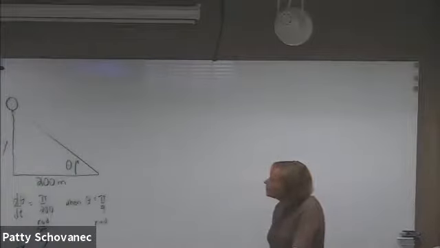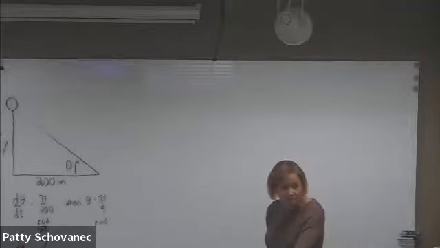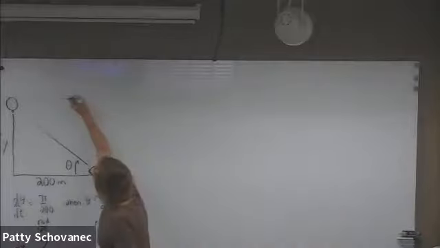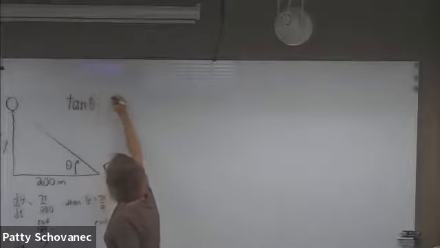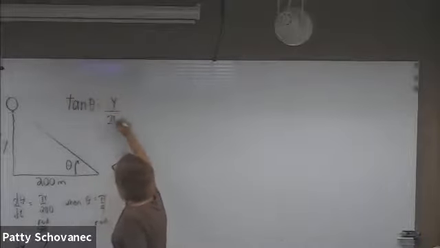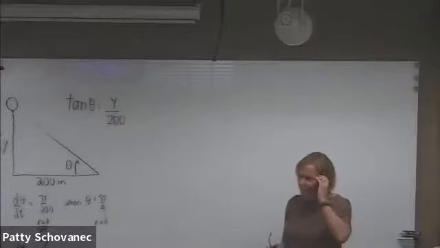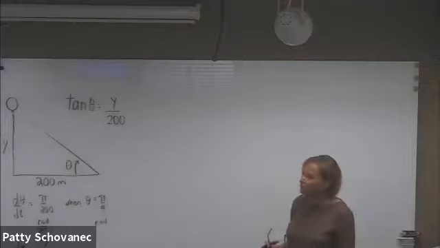So I need some sort of equation that relates theta to y. Tangent, I got the opposite and I got the adjacent, right? Tangent of theta is opposite over adjacent. That's the equation that we're going to start with. Now let's take the derivative of both sides.